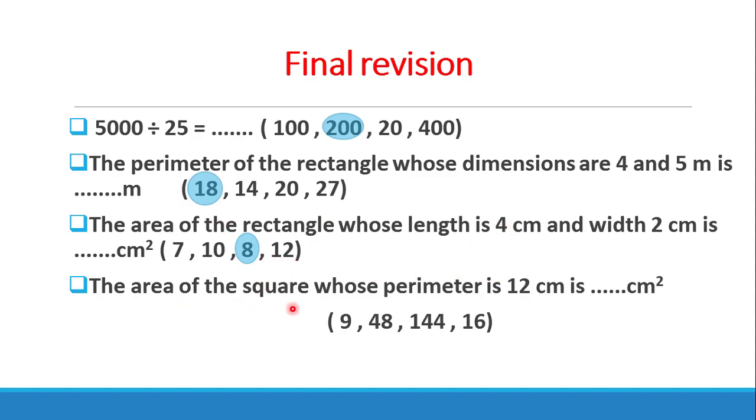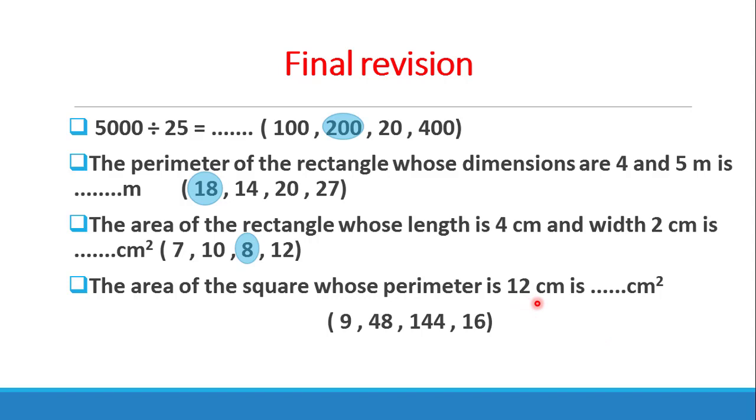The area of a square, we said before, is side length by itself or side length by side length. I want the area of a square whose perimeter is 12. I want the side length, so I should divide 12 by 4 because we have 4 equal sides. 12 divided by 4 equals 3.